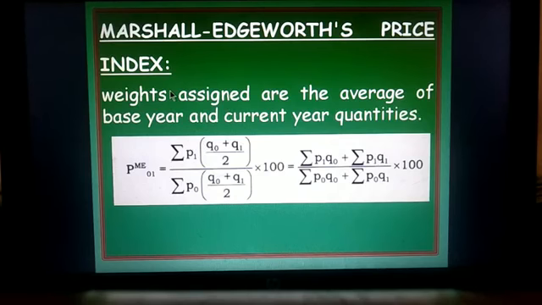And then the Marshall-Edgeworth price index number is nothing but (Q0 plus Q1) divided by 2 as the weight applied to both the numerator and the denominator. Then the 2 gets cancelled. When you remember this concept, whenever you are asked to write this formula or solve problems based on these formulas, you will not go wrong in writing the formula.